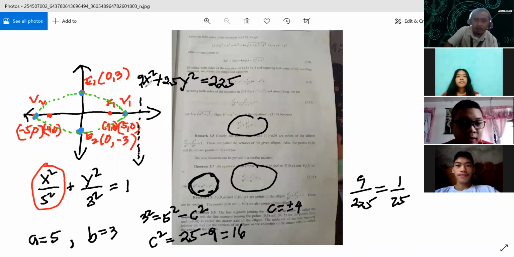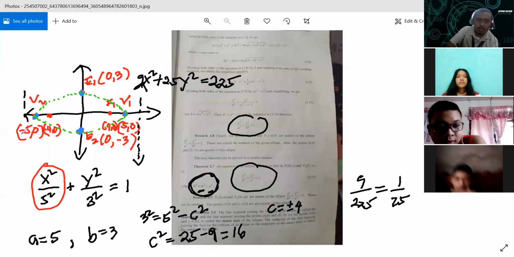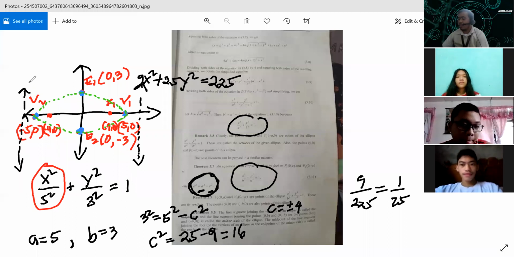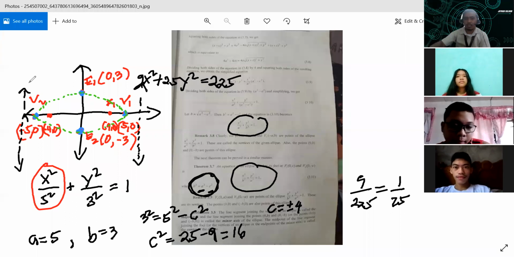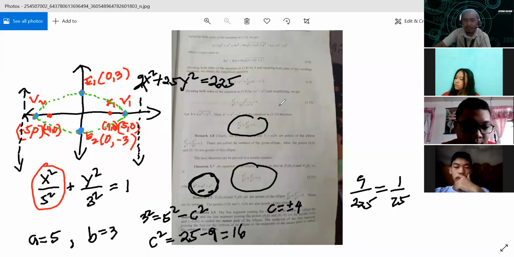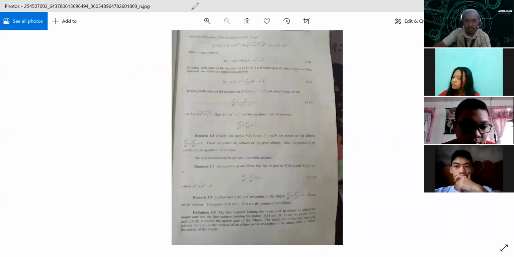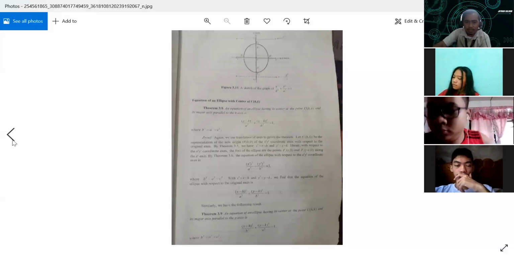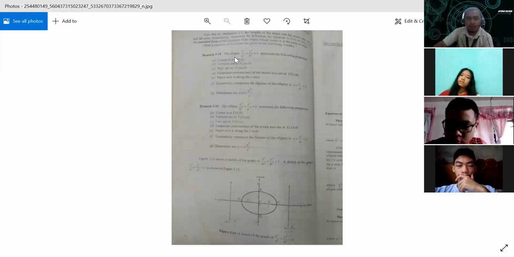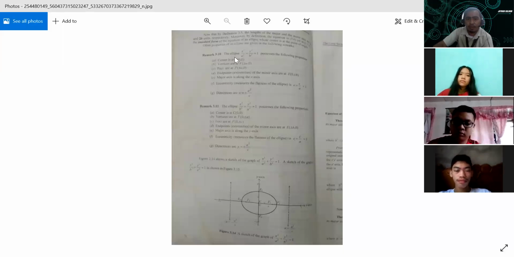Just like in parabola, an ellipse will also have a directrix. The equation of your directrix comes from a theorem that I will give you later. This is the theorem that I am referring to, Theorem number 3.10.